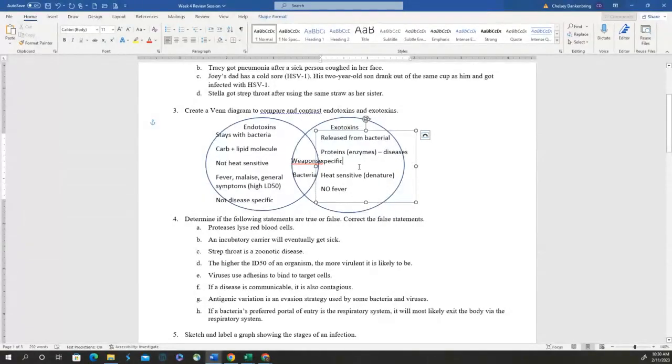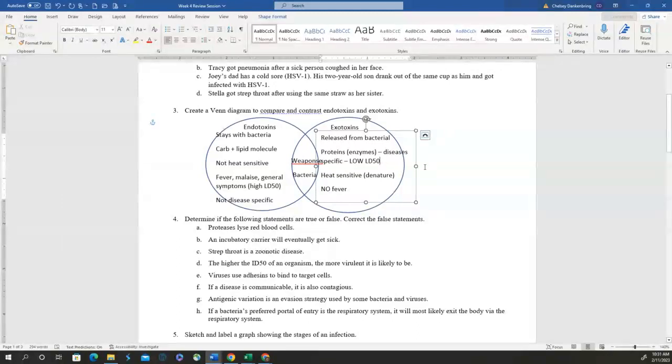The other big thing is because these exotoxins are enzymes, they each have their own special signs and symptoms, their own problems that they cause. They are disease specific, but they also have a very low LD50. As I was saying a second ago, botulism, it takes the tiniest amount to kill something.